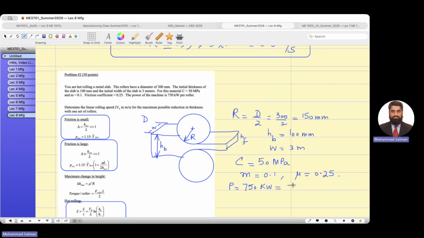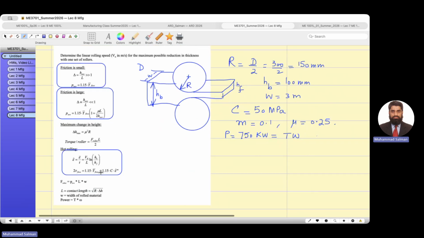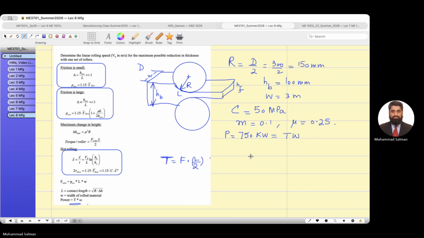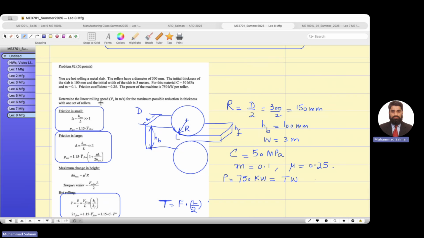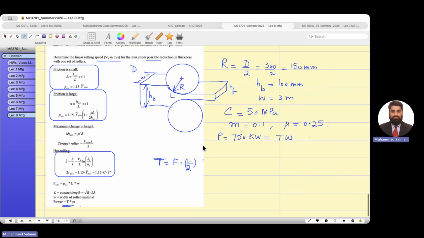And power for the roller is torque times omega, and torque equals, it is given over here, force times half of the arc length. This is the arc length which is in contact with the roller. So determine the linear speed and the maximum possible reduction in the thickness with one set of roller.